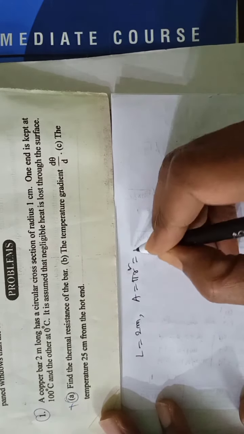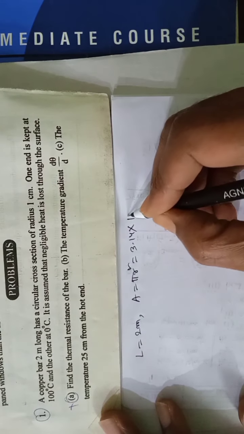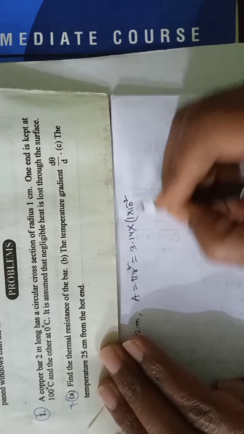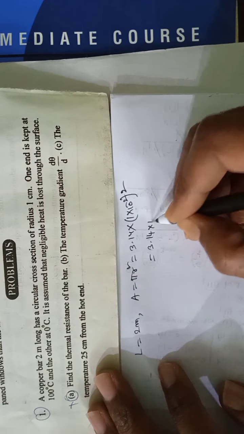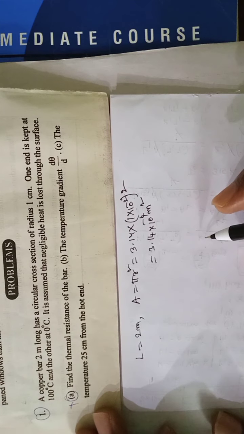And the circular cross section, so A is equal to pi r square, 3.14 into r value 1 centimeter, 1 into 10 to the power of minus 2, whole square. We get this much. This is the cross sectional area.